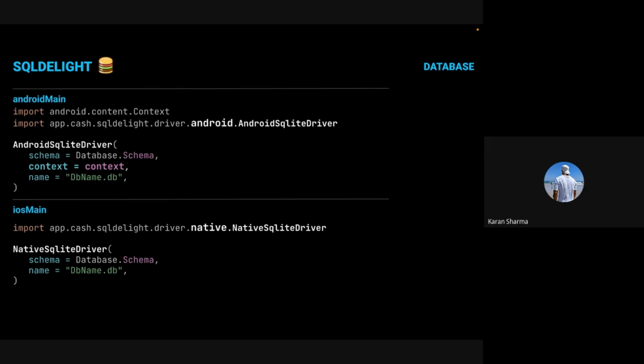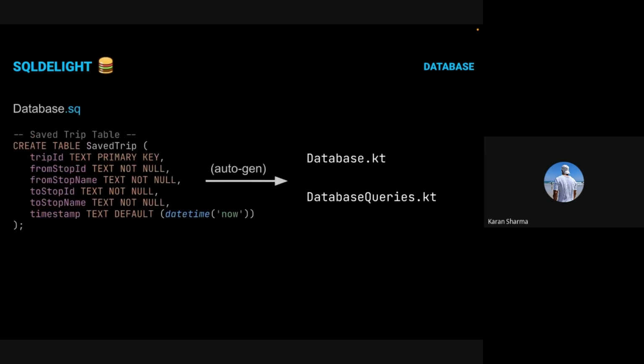And in Android, we can see it needs the context, obviously, because Android runs with context. And in iOS, we don't have the concept of context, so we don't need that. So we just provide the database schema and the name of the database. So now we are able to create Android SQLite driver and the iOS specific drivers. So we can now use that.